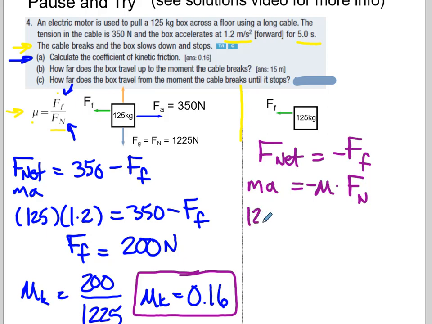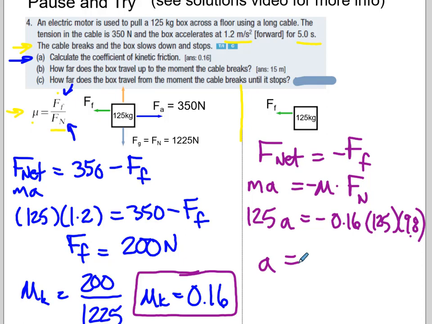So the mass is 125. We know this is negative, this is 0.16, this is 125, and this is 9.8, to get me my normal force. Okay, I guess I could put in the 1,225. Didn't even read my own writing. Silly me.